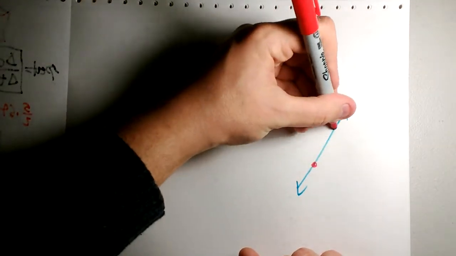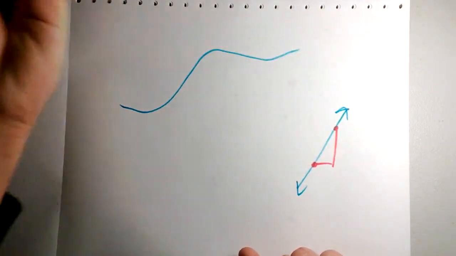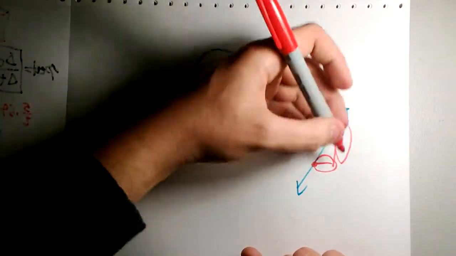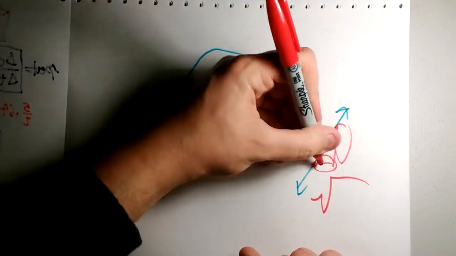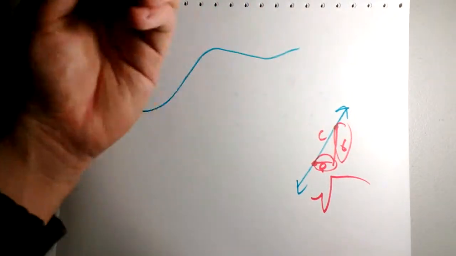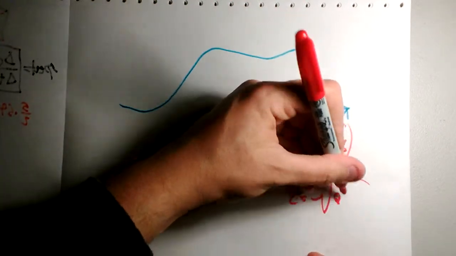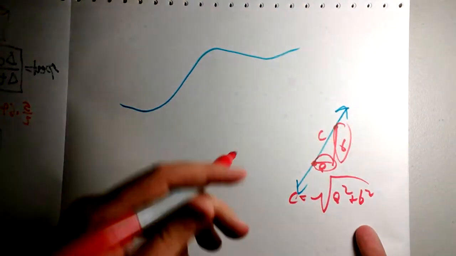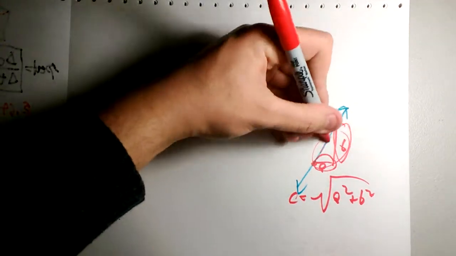How do you figure out the distance from here to here on a line? Well, you would square this distance, and square root them together. Because there's a, b, and this c. And a squared plus b squared equals c squared, or c equals the square root of a squared plus b squared. So you take the change in x and the change in y and do it, and you get a c.